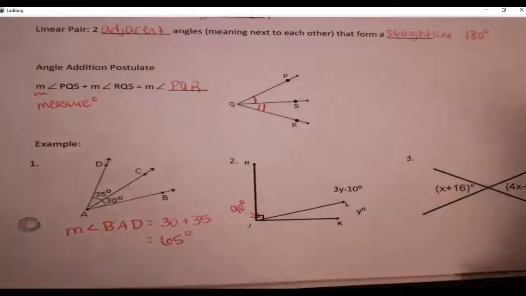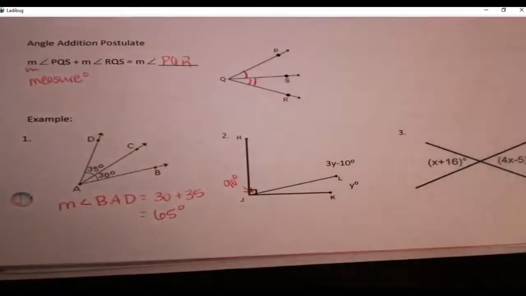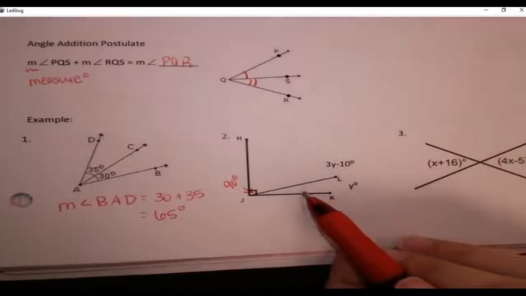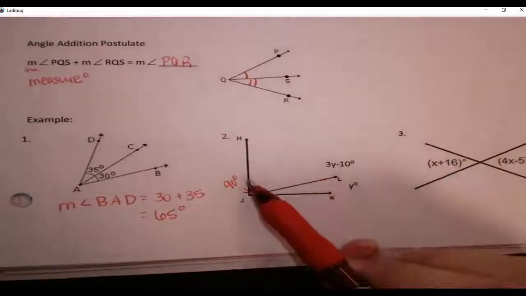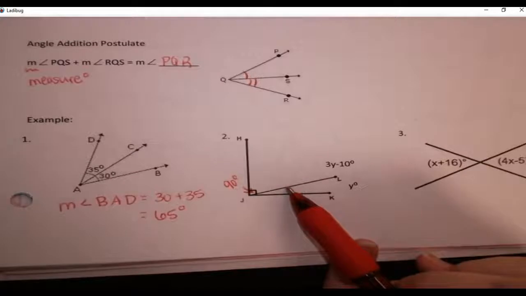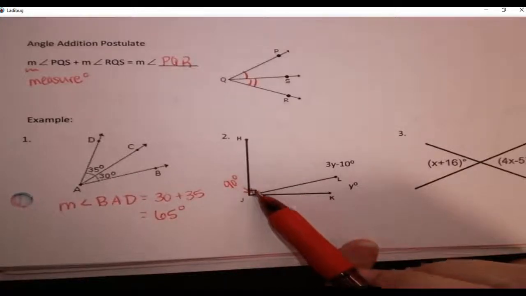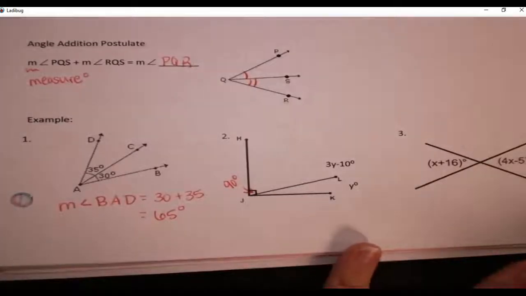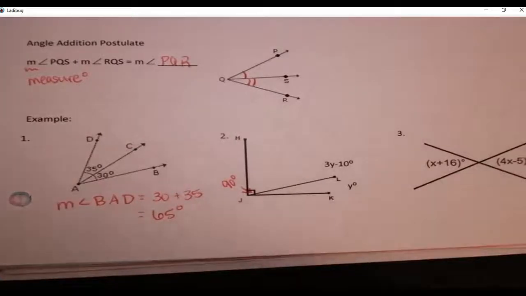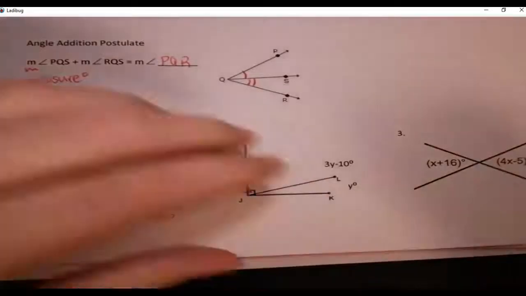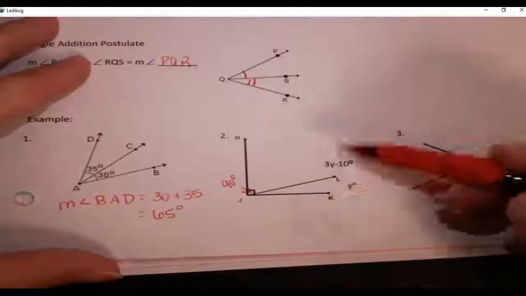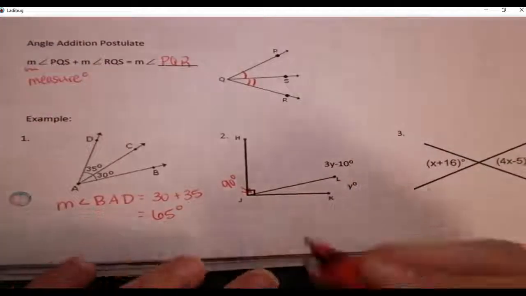So in this one, we want to solve for y. I have that this bottom part is y. This top part is 3y minus 10, but I know the whole thing equals 90. So then what we want to do is add our two smaller ones together and set it equal to the whole thing.